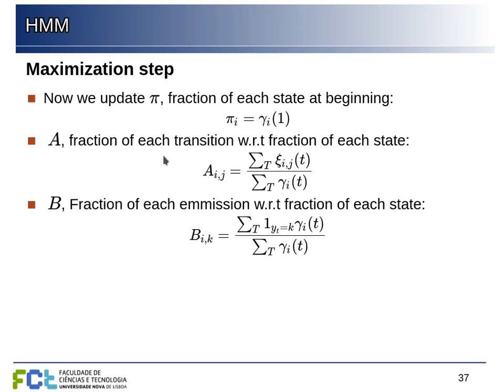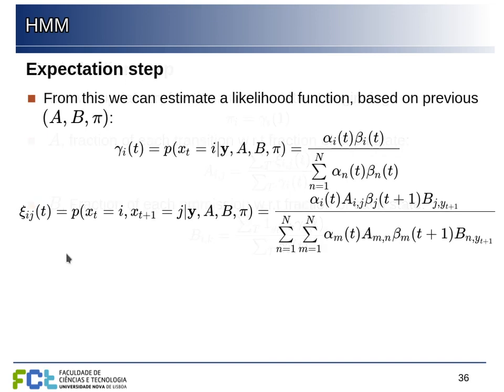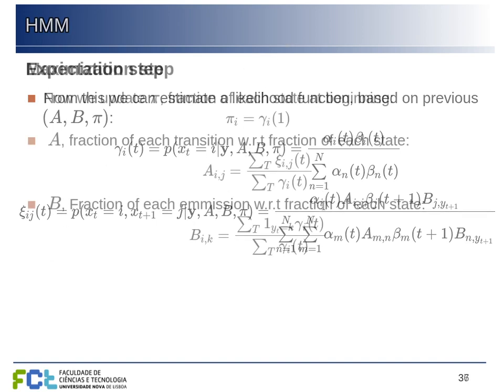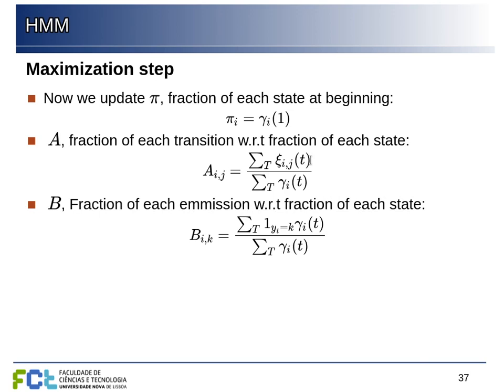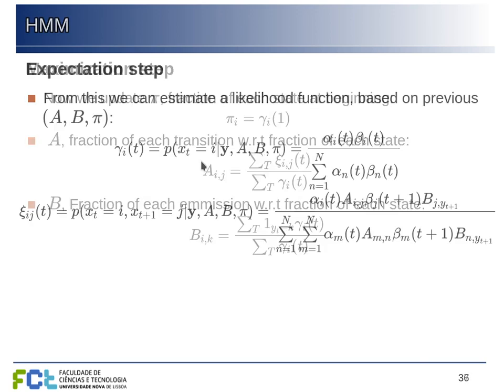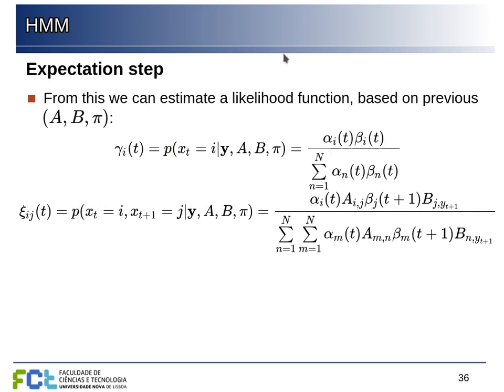The fraction of each transition, so basically we are in A trying to estimate the probability of transitioning between state i and state j. We are going to look here at all these probabilities that we computed between state i and state j along time, and we're going to sum them over time and normalize this by the marginal probability of each state over time too.